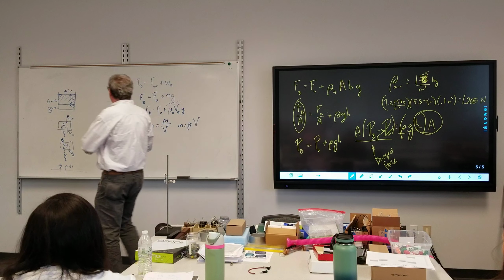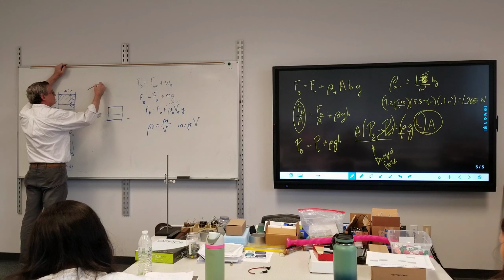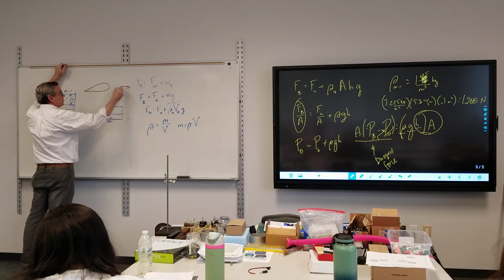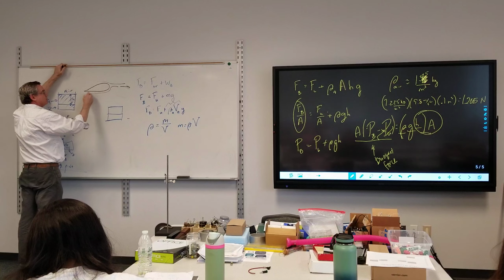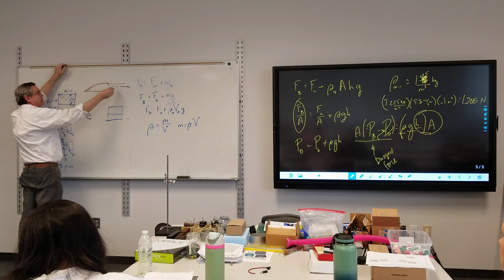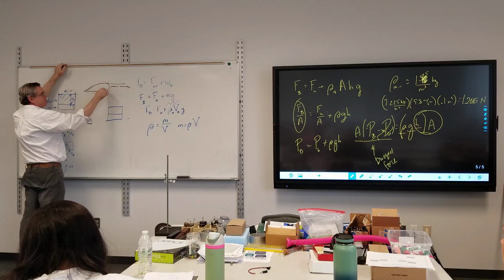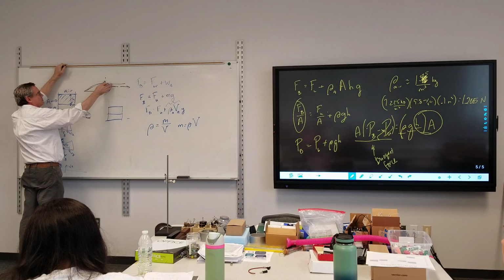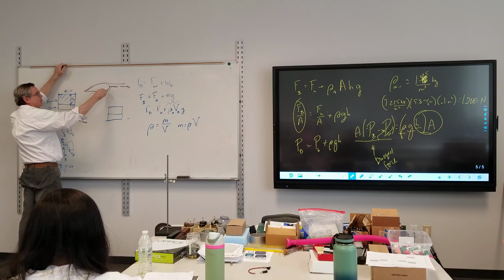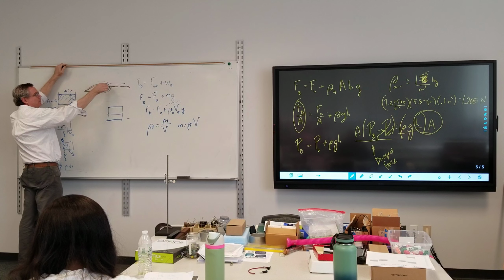If you have an airplane going this way, air is coming across it. Air is going to move faster over the top of the wing than at the bottom, because of the way it is curved.